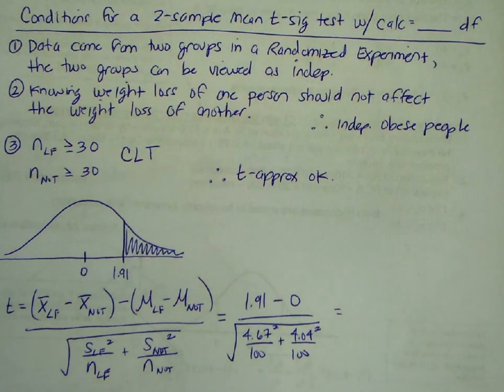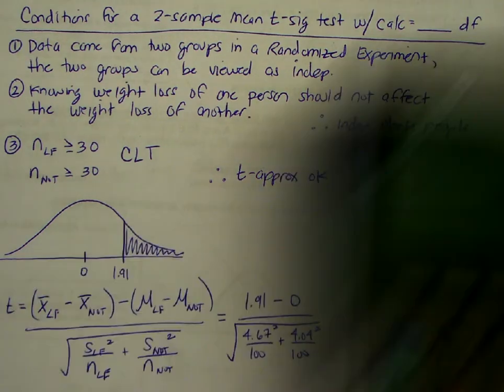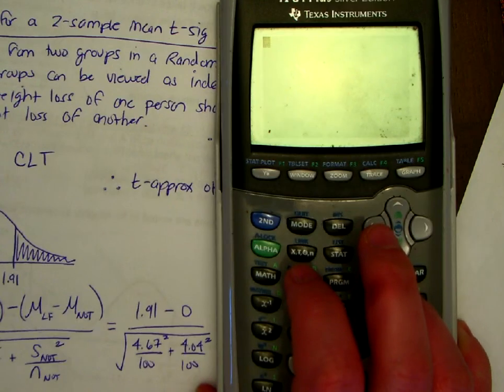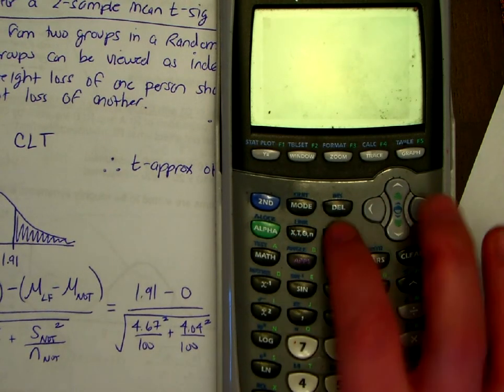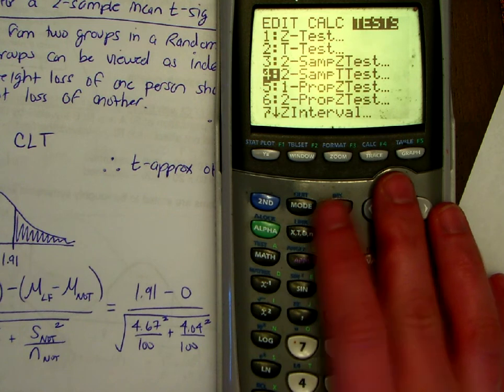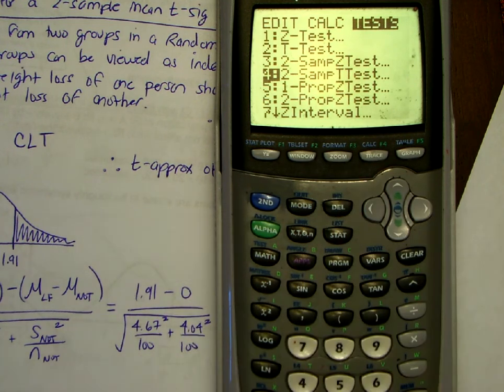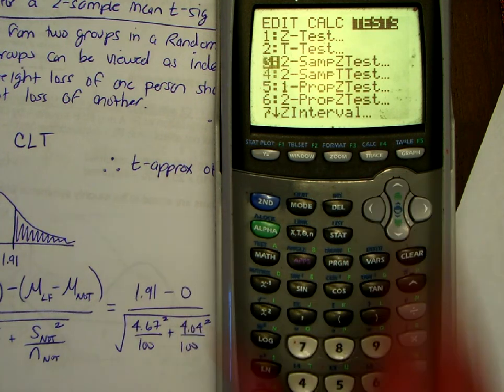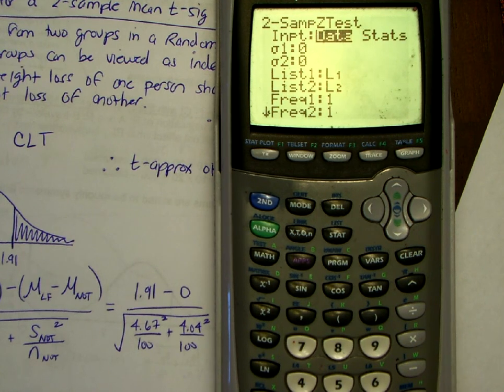Okay, and now let's go to our calculator to do those calculations for us. Stat, test, 2-sample test. It's not a proportion, it's a mean. 2-sample t-test. If you go into Z, by the way, notice they'll ask you for sigmas, which they never reported in the problem.